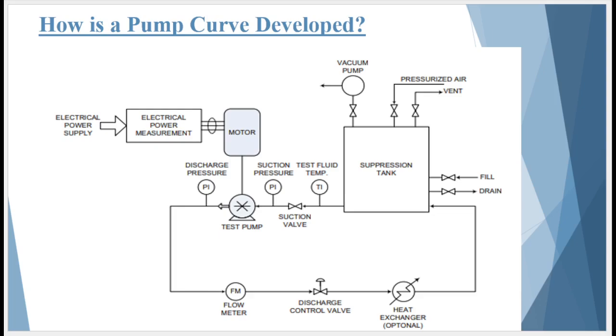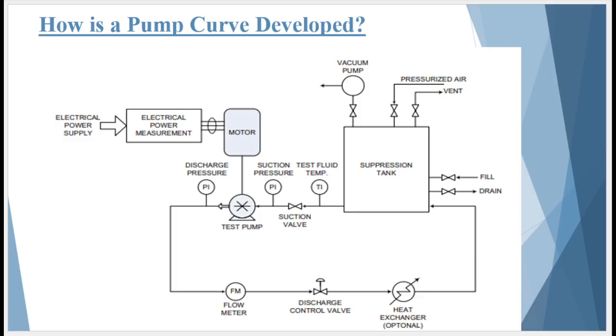If required, a heat exchanger maintains the water at the desired temperature, while the vacuum pump and pressurized air connection are used during NPSH testing to control the suction pressure. During the test, the discharge control valve is gradually opened or closed to obtain different flow rates.